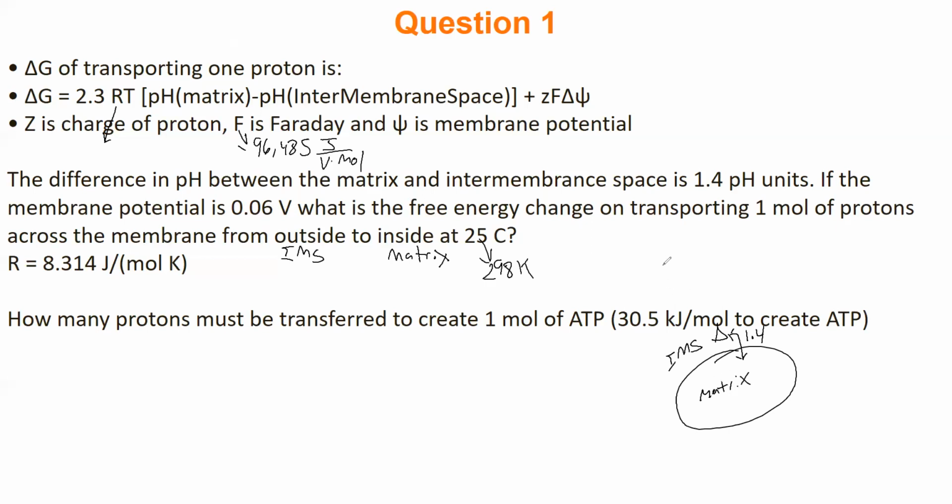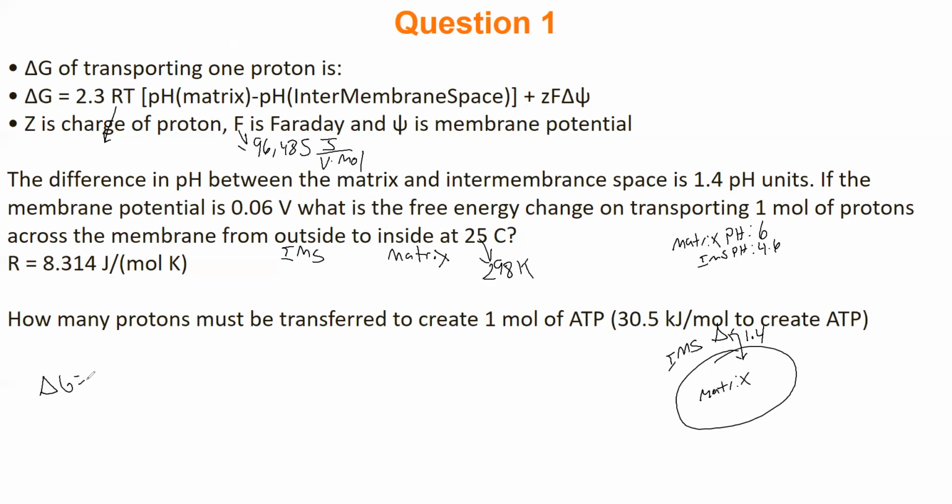So let's say, and this is complete BS, but let's just say the matrix has a pH of 6. And let's say the inner membrane space has a pH of like 4.6. The difference between these two is 1.4. So we can plug that in.